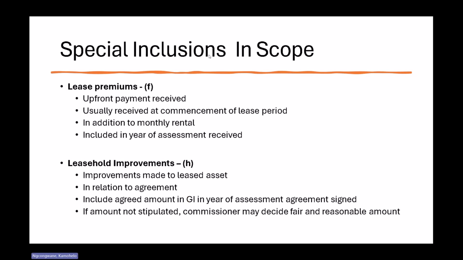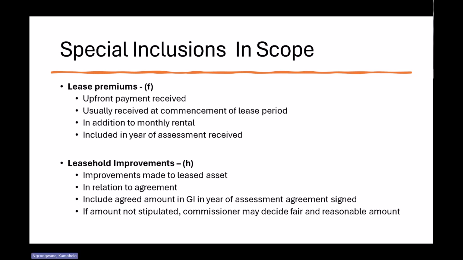So let's look at the special inclusions in scope. The first one deals with lease payments or lease premiums. I've never rented, so this is something I'm speaking of from hearing it from other people. This is not from first-hand experience. But I do know if you get into a lease, you sign a lease agreement.